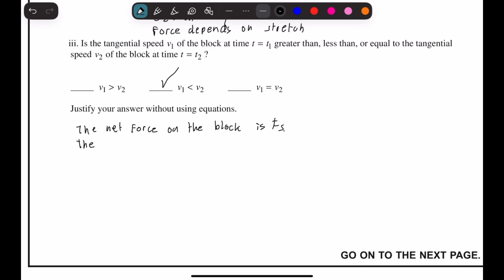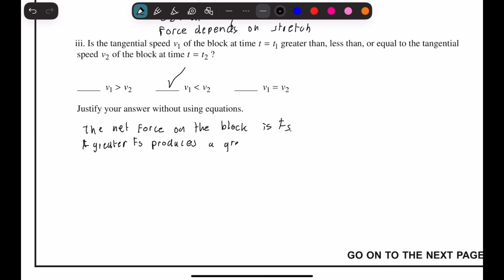And we know that a greater spring force produces a greater centripetal force, and a greater centripetal force corresponds to a greater tangential speed.